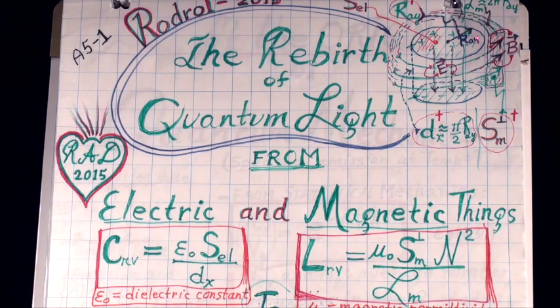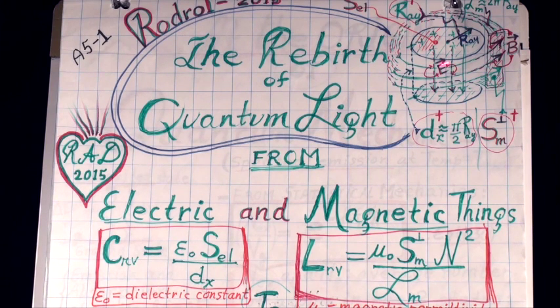When you have electric charges there, positive and negative, if a fluctuation exists between these charges, that will generate a magnetic field around this.